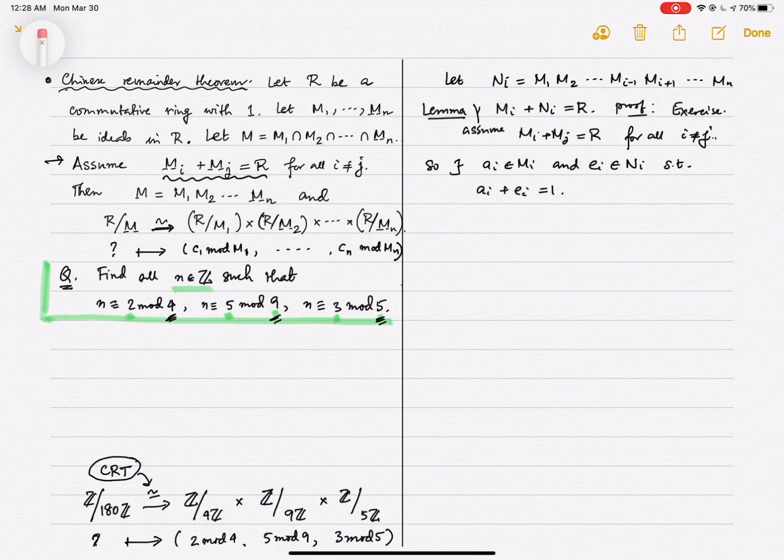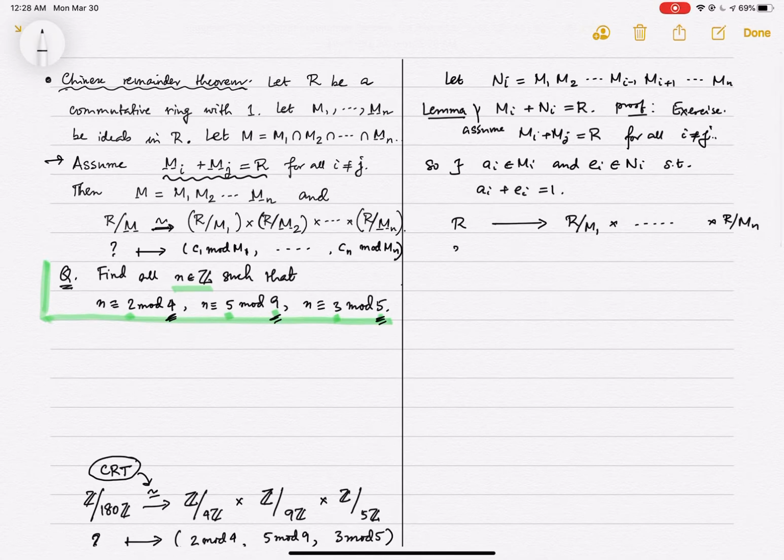Now you look at this ei and you ask yourself, what happens to ei when I go mod these ideals m1, m2, ..., mn? Meaning, I have this map R to R mod m1 cross ... cross R mod mn, taking an element to its congruence classes: x plus m1, ..., x plus mn.